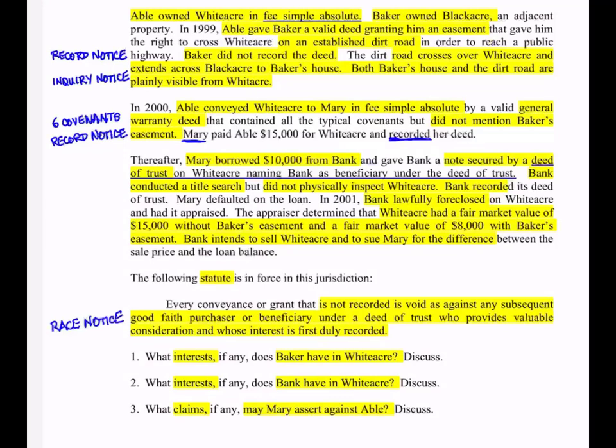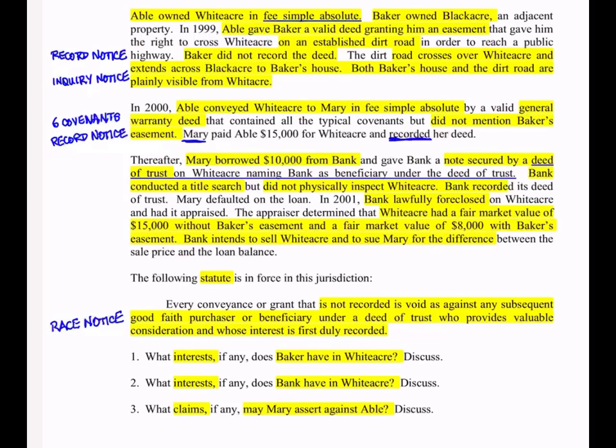First one, what interests, if any, does Baker have in Whiteacre? Well, the issue here is whether Baker's failure to record means that he lost his easement. Mary bought the servient estate, and this is a race notice jurisdiction. So if Mary is a bona fide purchaser for value without notice, then her recording would extinguish Baker's easement.